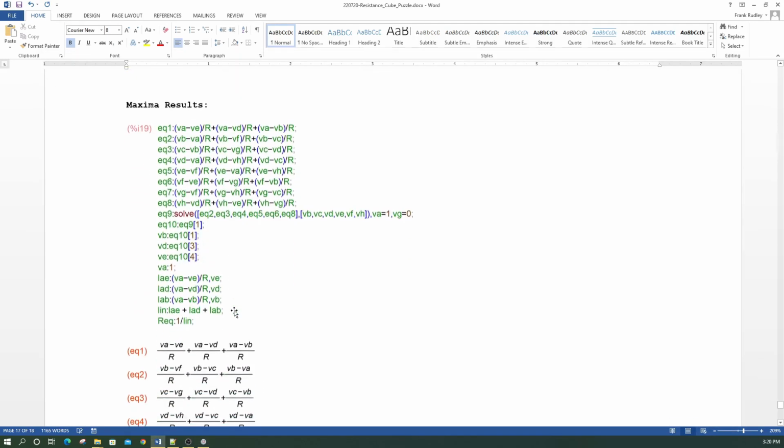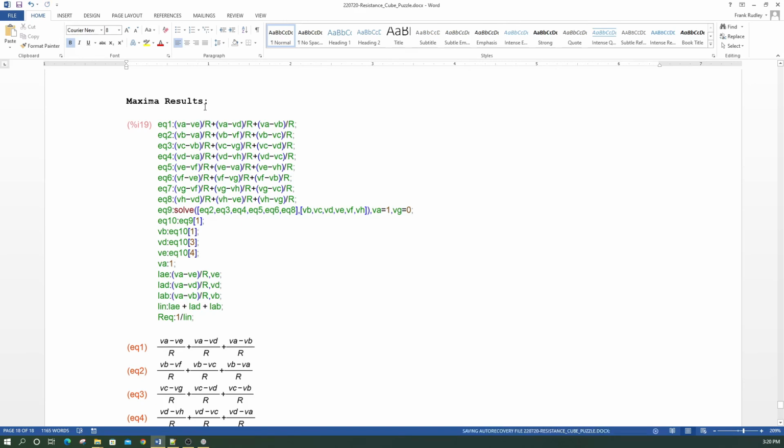In the rest of the documentation, I put the Maxima results for example 3, for all R's equal R. I could just as easily have had different R's.